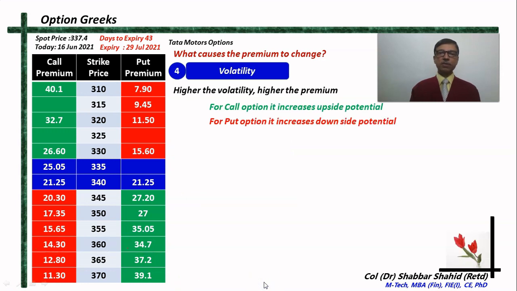And the fourth thing which causes the premium to change is volatility. What is volatility? It is the difference in the minimum and the maximum price of the underlying asset during the day and from day to day. How much is the price fluctuating? Say if the spot price at a given moment is 337, how much is it moving within the working hours of the day?